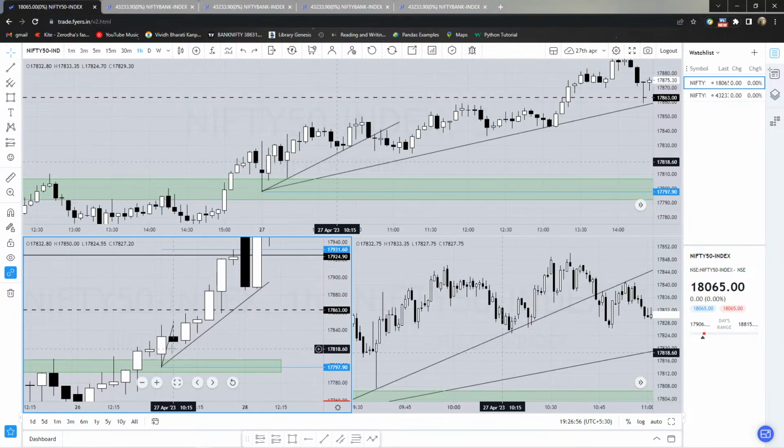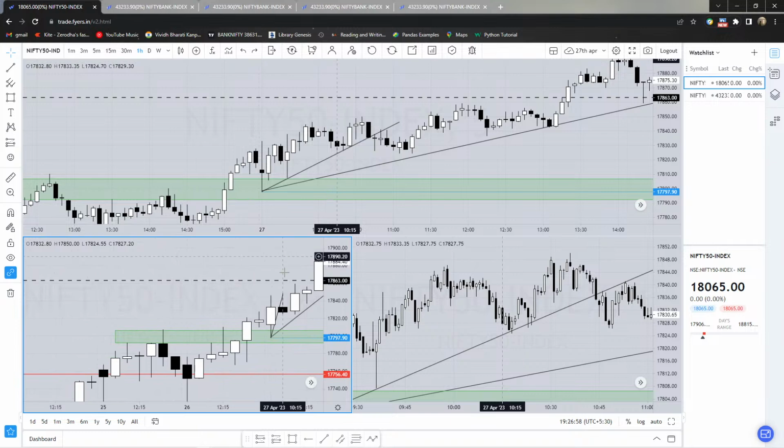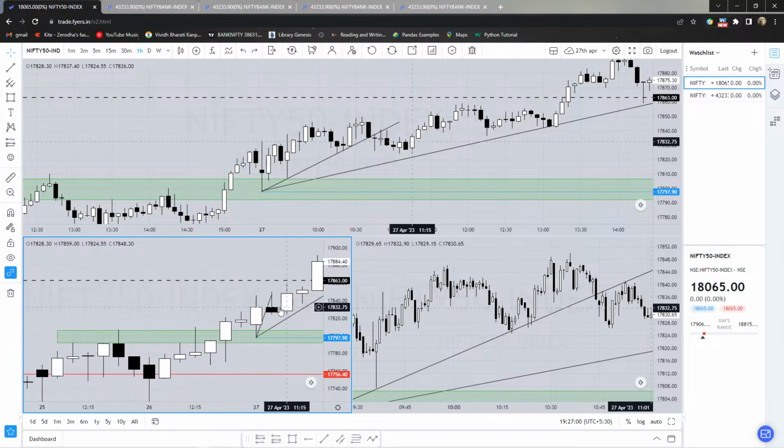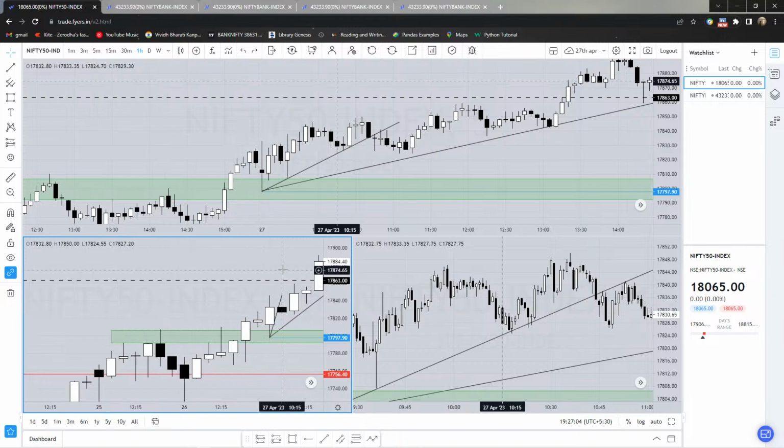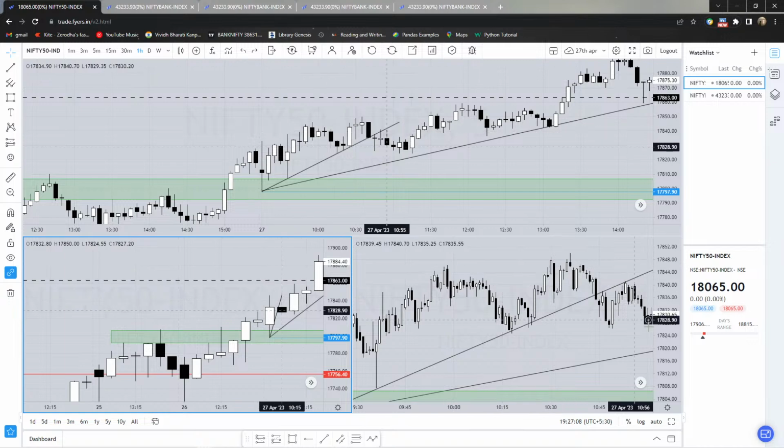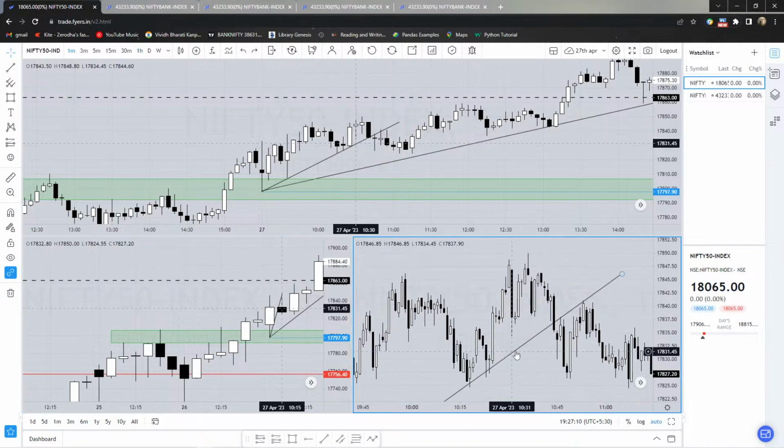So here it is. This is an hourly chart time frame, guys. 27th April. This is 10:33.